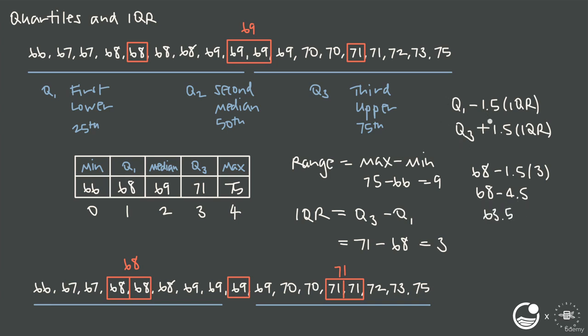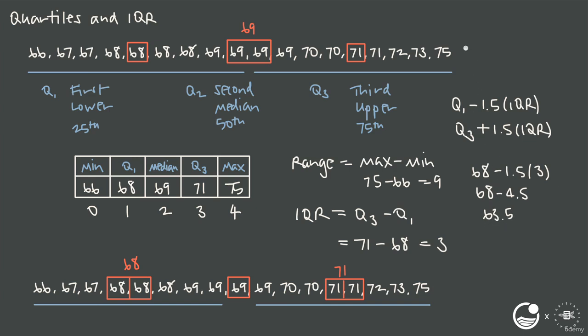And so by this method, we would say that any value less than 63.5 would be considered an outlier of this data set. So if we have 66, 67, 67, all the way to 75, anything less than 63.5, we would consider an outlier.